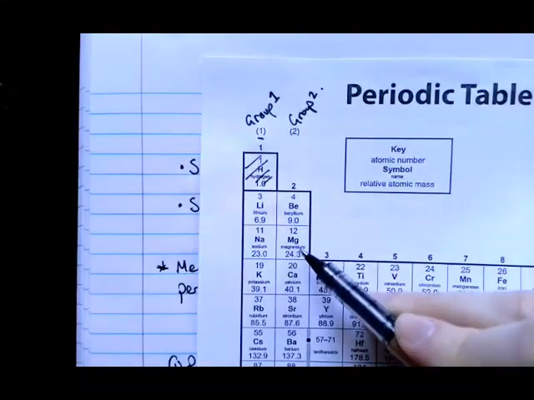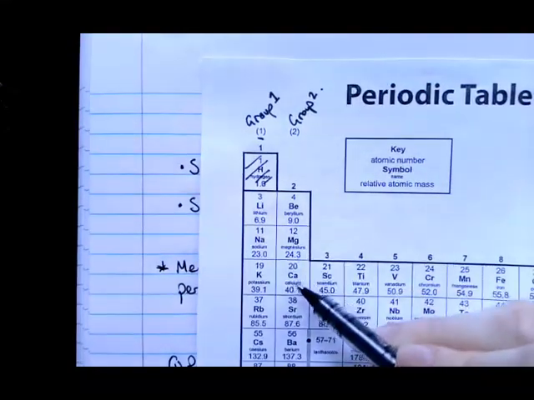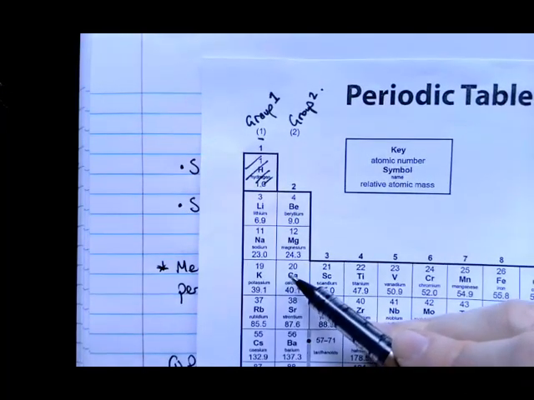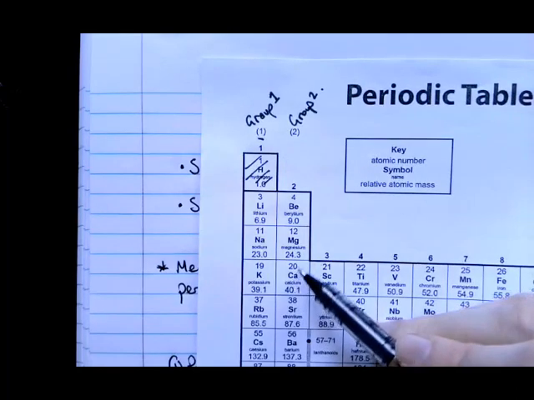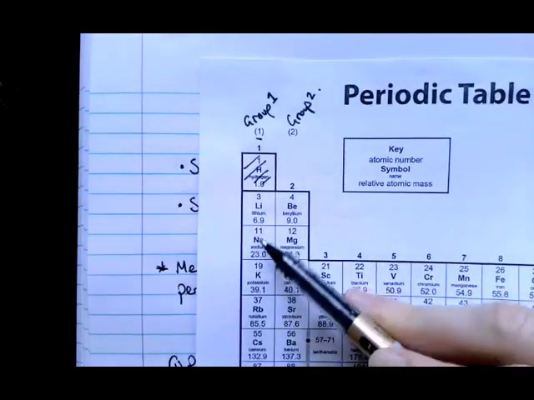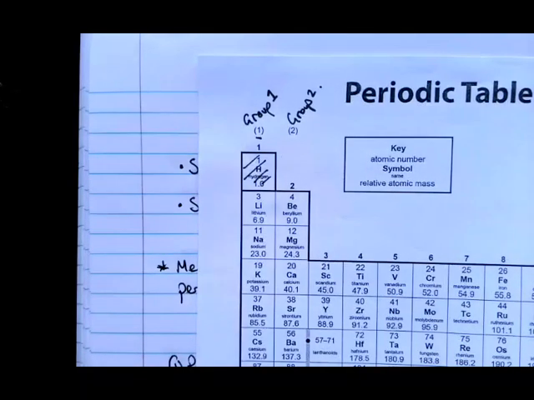And we've got beryllium, magnesium, that we've seen a few examples of, and calcium. Yes, the calcium that you get from your milk, for your teeth and your bones, that's a metal. So these metals are reactive when we put them in water. We're going to learn about the reactions of these with water today.